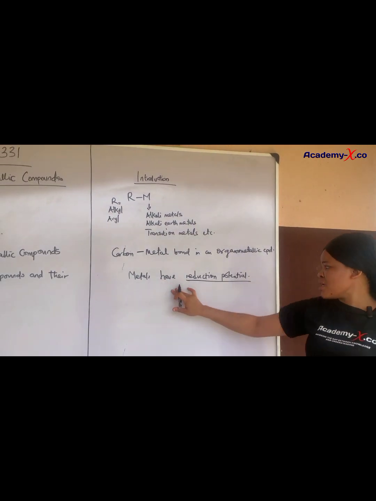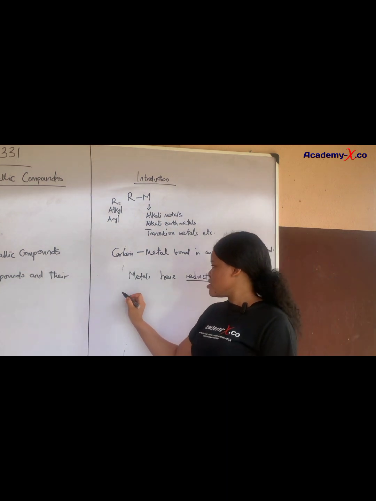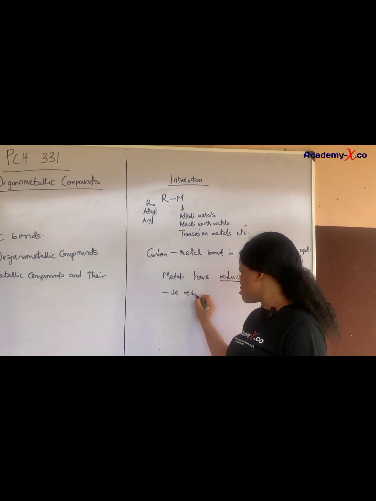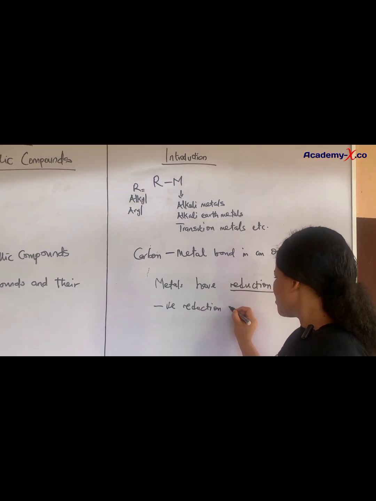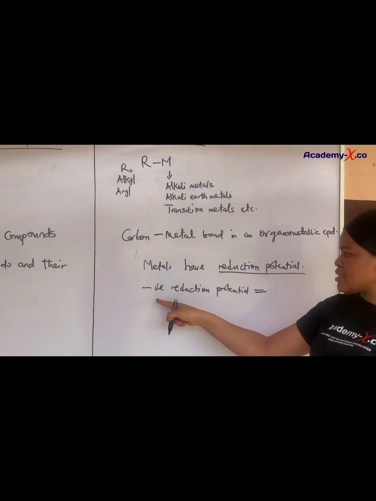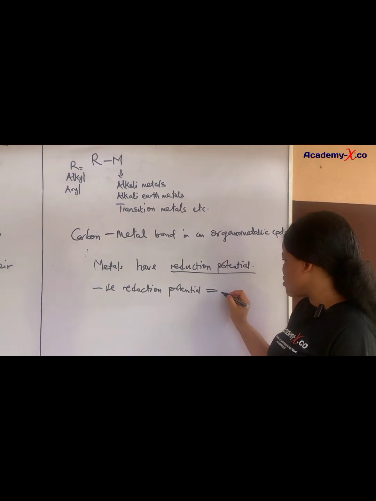So now metals have this reduction potential, and when you have a negative reduction potential, it means that that metal is what?